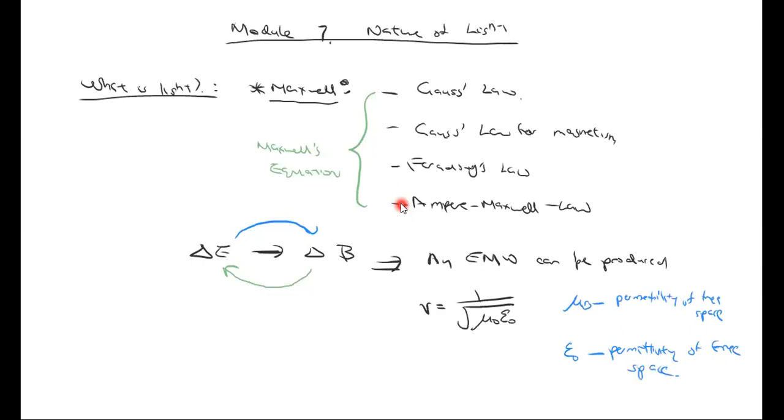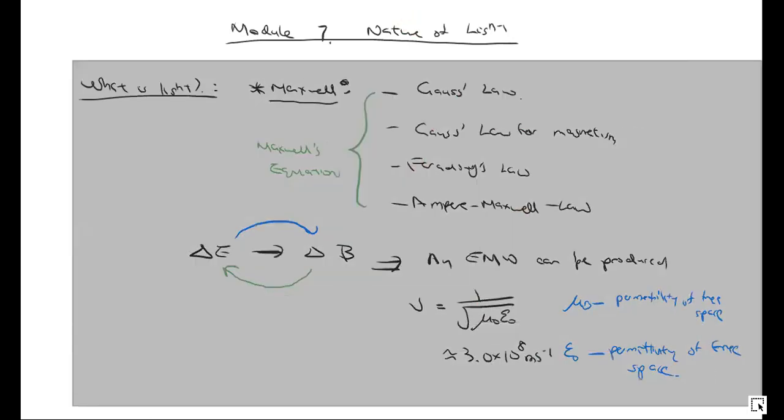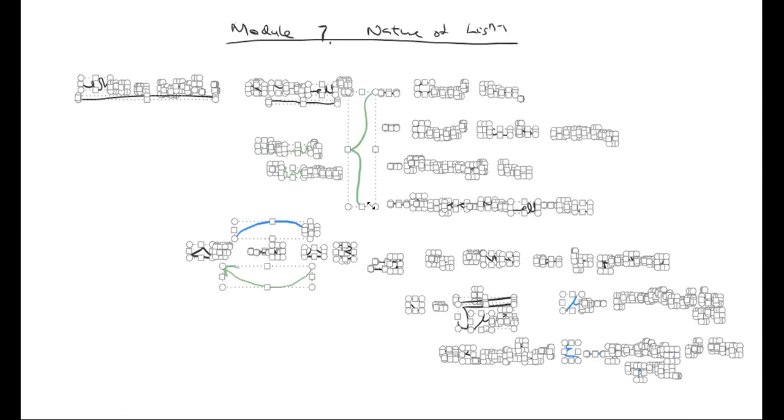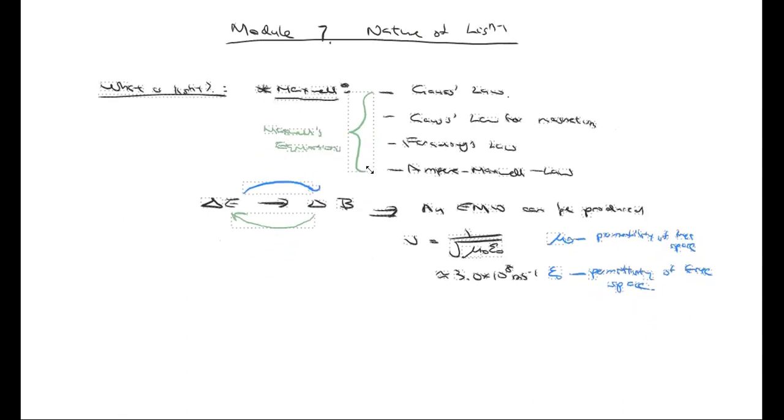And if you plug in the constants that we know or have worked out, then this is roughly 3.0 times 10 to the 8 meters per second. So in other words, Maxwell's contribution is that he unified these 4 equations and came up with a prediction for electromagnetic waves. And he also predicted the speed of an electromagnetic wave.